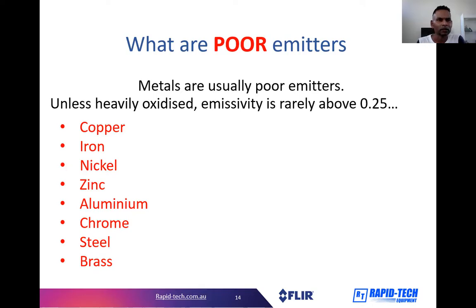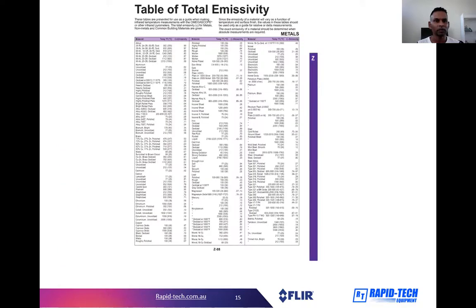So emissivity is very important to understand. It's knowing what type of surface you're looking at, and having a rough idea: does it have a low emissivity value or a high emissivity value?